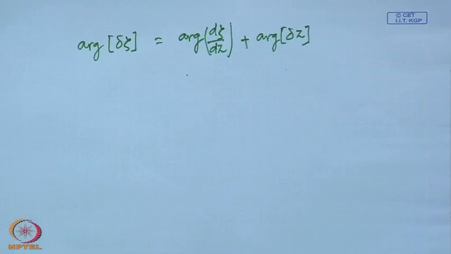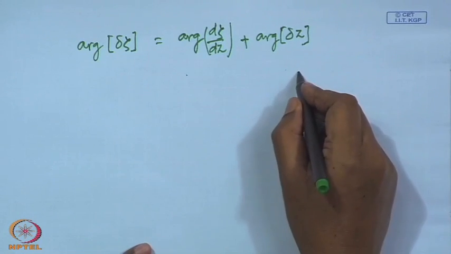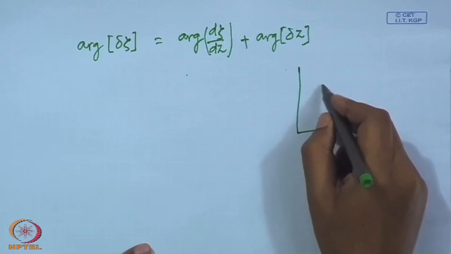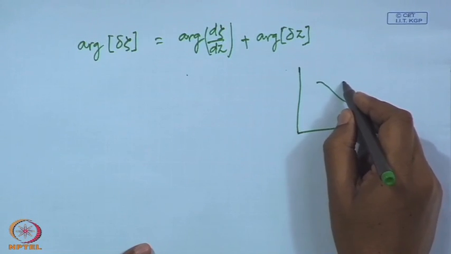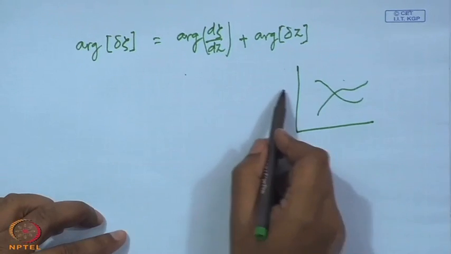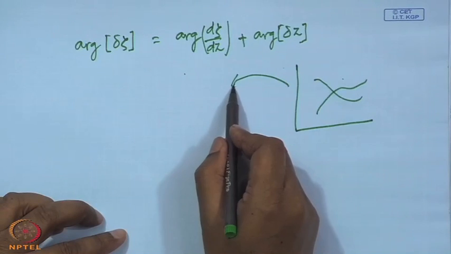Now, let us consider intersection of two curves. It is easier to comprehend if we consider two separate curves, not treating one curve as two curves. Let us say we have one curve and another curve, and we are again applying that transformation.